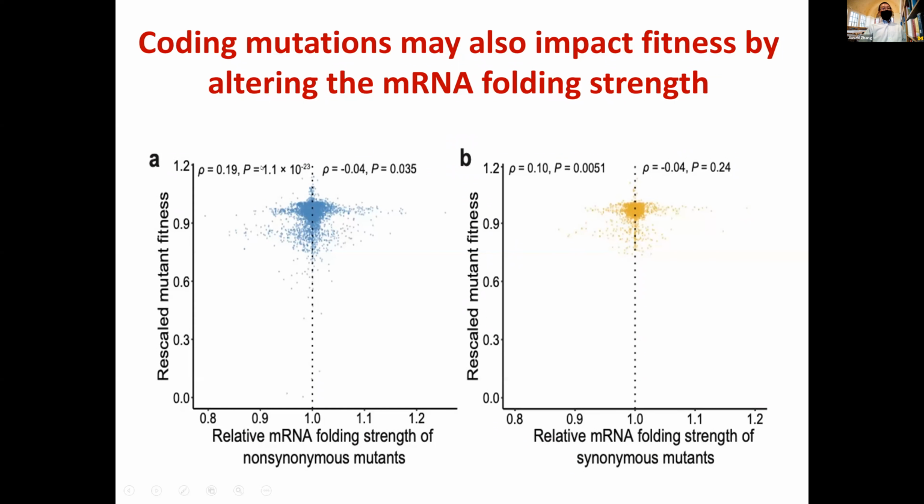There is a significant but quite weak correlation for both non-synonymous and synonymous. The correlation is much weaker than what we see in terms of affecting expression level. So that is to say the fitness effect is more likely caused by the effect on mRNA level rather than on mRNA folding.